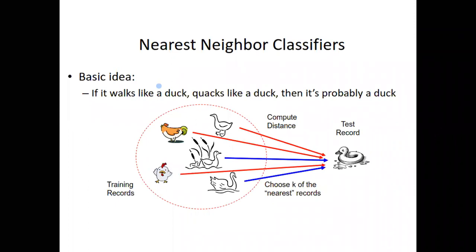Ultimately, my task is to identify, if I provide a bird as input, whether it is a penguin or a duck or a hen, or what kind of bird it is. I'm going to provide these five examples as training data.